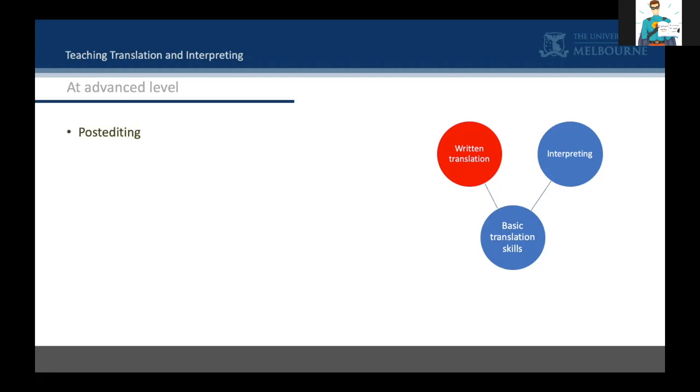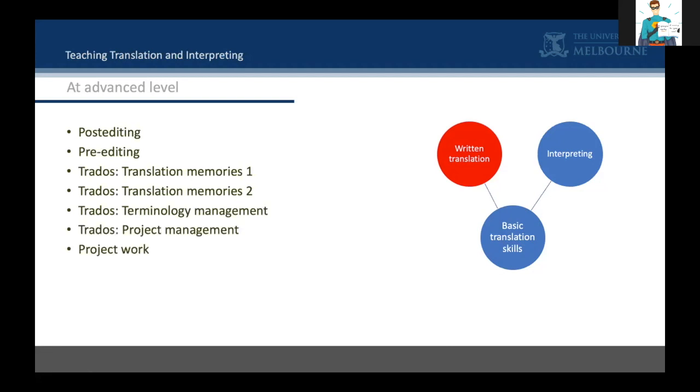At the more advanced level, though, the people who are doing written translation get the same deal at a more advanced level, and we use Trados. And we use it extensively. We do all this work in Trados.